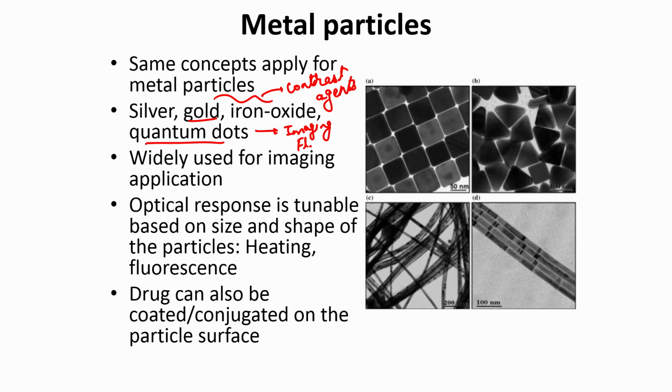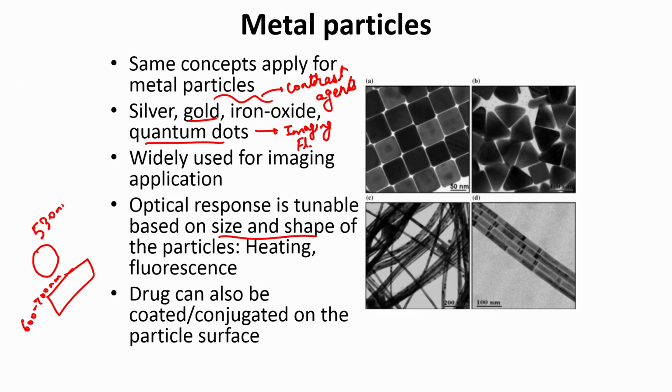One of the advantages with all these particles is that their optical response is fairly tunable. You can get different types of optical response based on the size and the shape. For gold particles, for example, a rod-shaped particle has absorbance at about 600 to 700 nanometers, whereas a spherical particle is about 530.